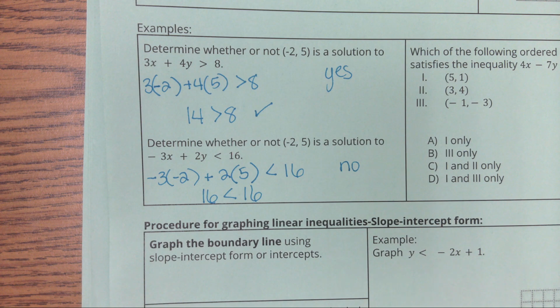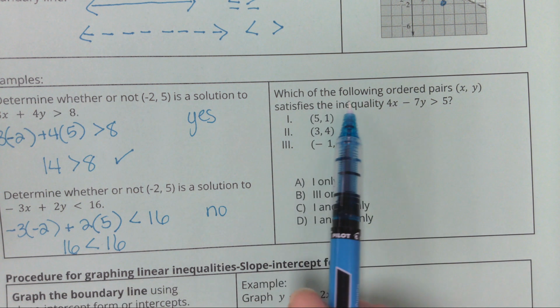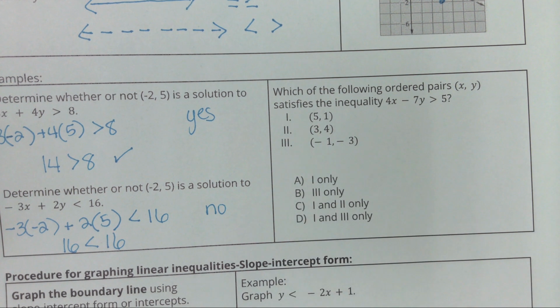All right, here's some standardized test language. Not because I want to ask questions like this, but you're going to get asked a question like this if you take the PSAT or SAT. And I just want you to see what it looks like, so it doesn't look weird. Which of the following ordered pairs satisfies, that just means makes true, the inequality.